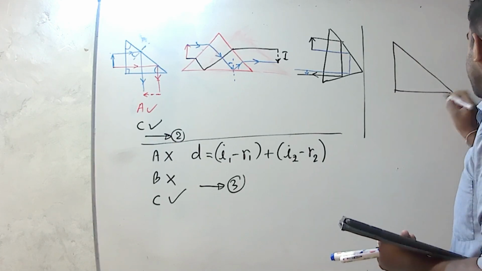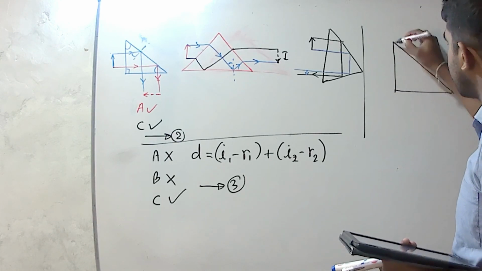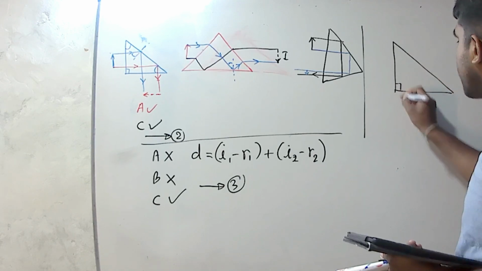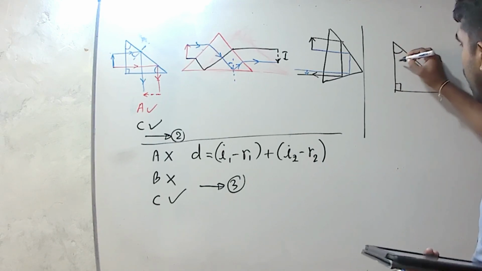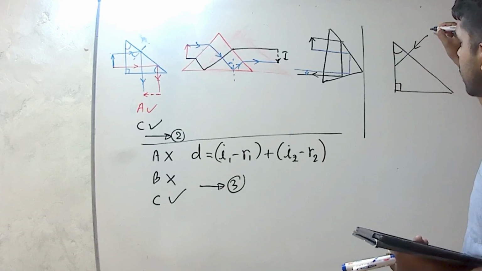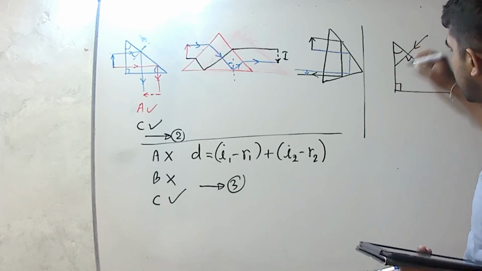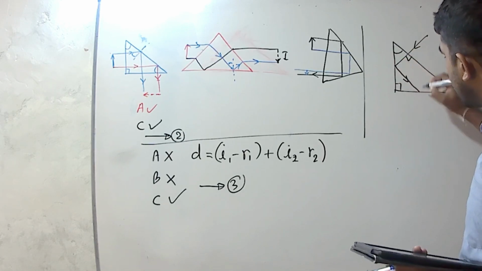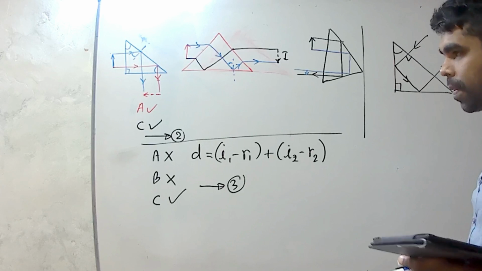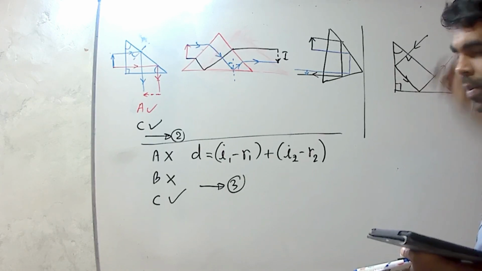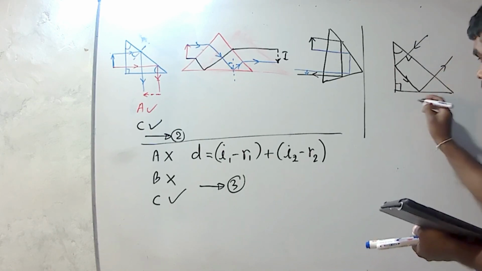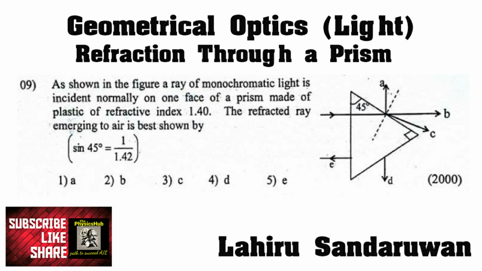We know that if this is an isosceles right-angled triangle, this angle is 45. Therefore, the incident ray from this surface is moving like this. We can observe the emergent ray from the same surface. Then the answer is 4.